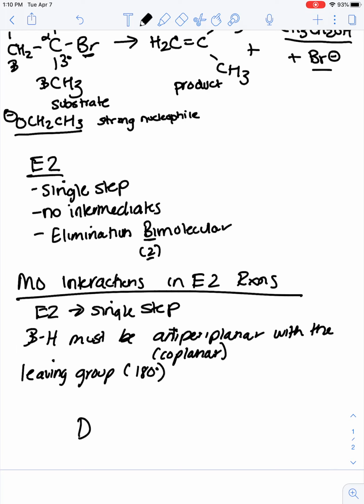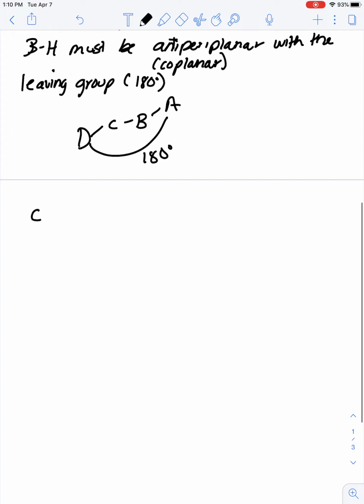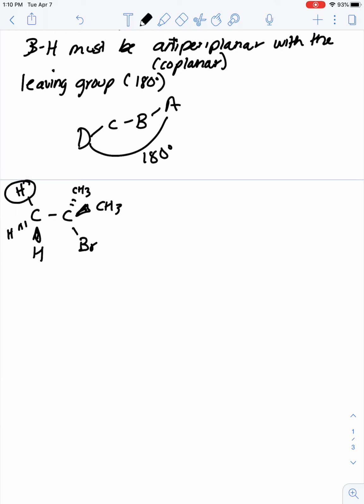So an example would be something like this. So right here, these would be 180 degrees from each other. If we look at it in a Newman projection, so if we have something like this, what that anti-periplanar means is our hydrogen here is the one that's going to be abstracted to form that double bond, and bromine here is our leaving group.